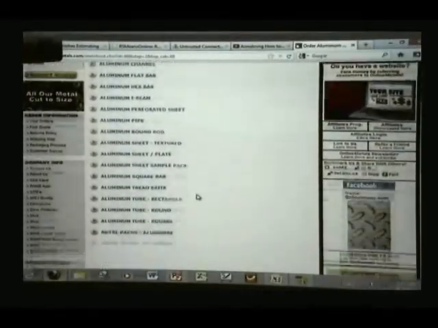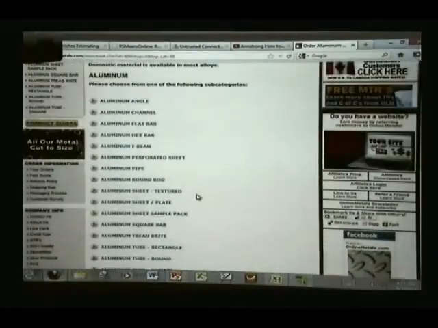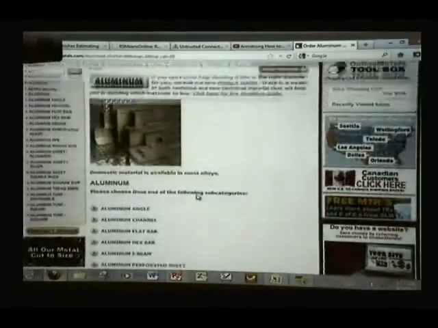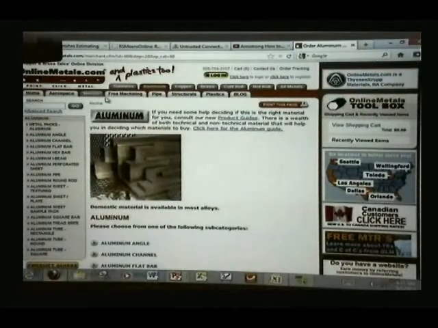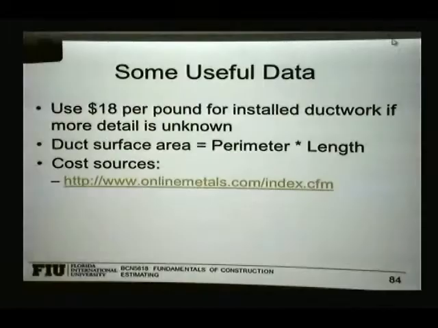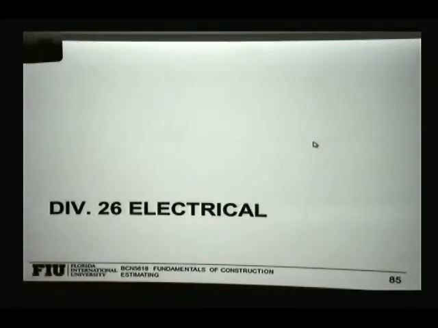I found the cost here sometimes, and for reference. So you can use that link for reference. Any questions about mechanical? No?